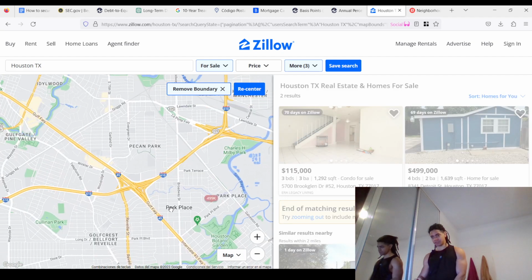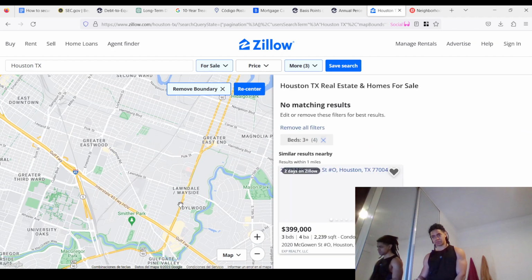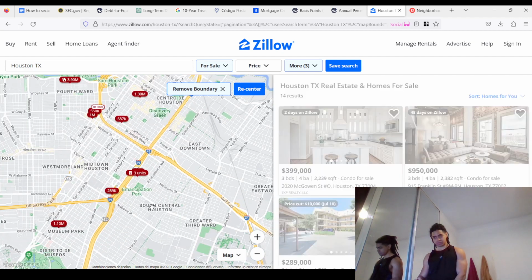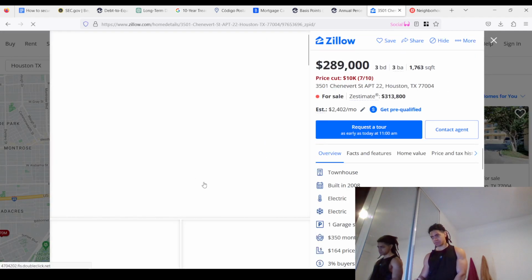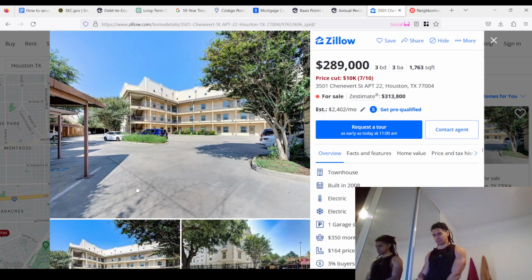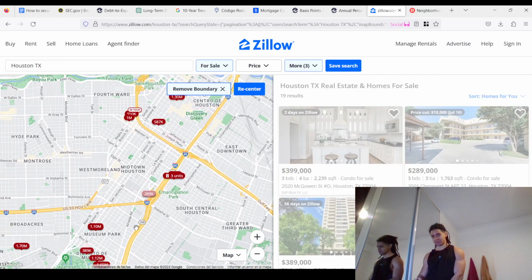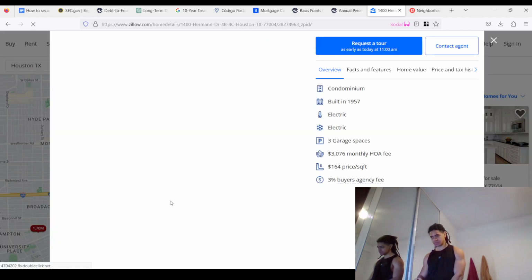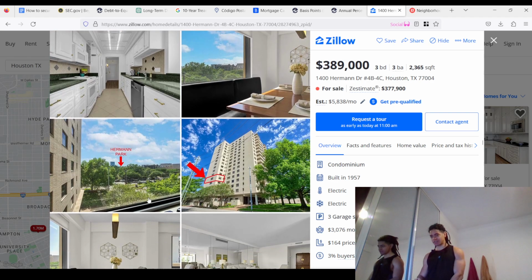What, for real? There isn't? Yeah, I prefer condos. Even though I know that might be scary, I prefer that kind of thing, condos.